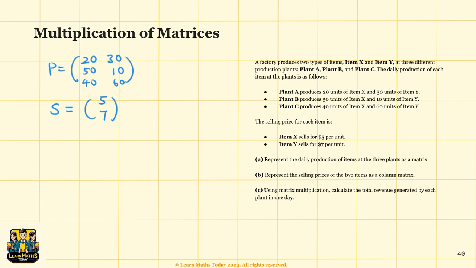Now you have to calculate the total revenue by the plant each day. So this is actually as easy as finding the matrix R, which is P multiplied by S. And you have the matrix early on, so you can just write 20, 30, 50, 10.